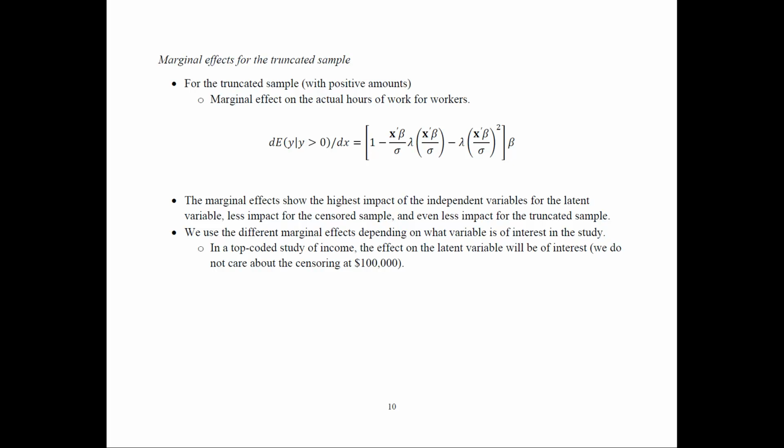We would like to know what is the effect of the independent variable on the latent variable, of how much that person's income actually is, rather than the fact that it was recorded at 100,000. So in this case, we would go with the marginal effects for the latent variable, which we're not observing, and not with the marginal effects for the censored sample, which is for 100,000.